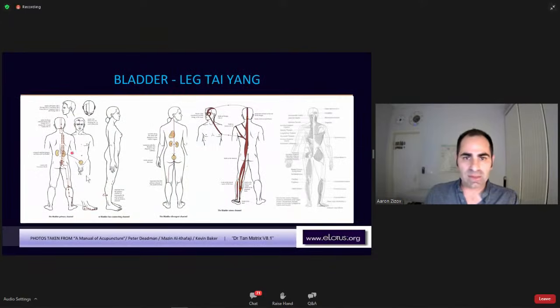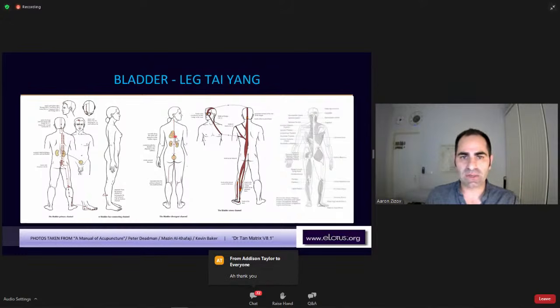Bladder, the longest meridian, goes through all the posterior part of the body, many muscles, very common in clinical use. And yeah, not much to say. The connection to the organs: kidneys, anus, and the heart.